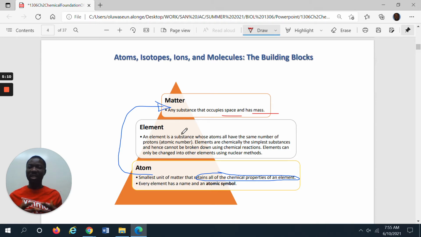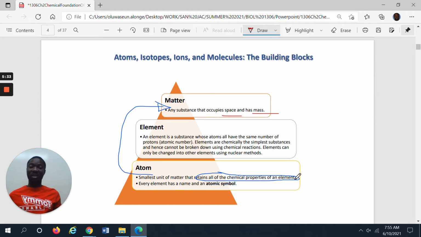The unique thing about elements, again, is that they are the simplest. They cannot be further broken down. Now, what is an atom? An atom is the smallest unit of matter, and it must be able to retain all of the chemical properties of an element.